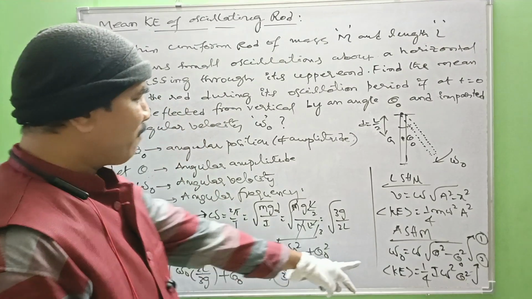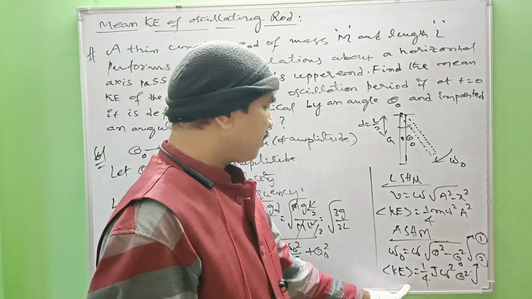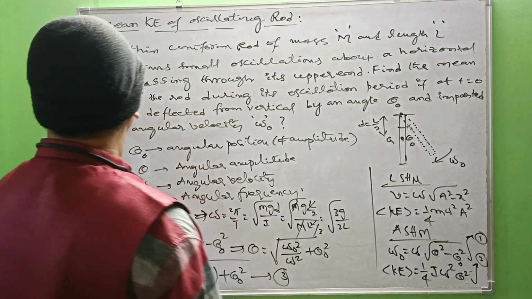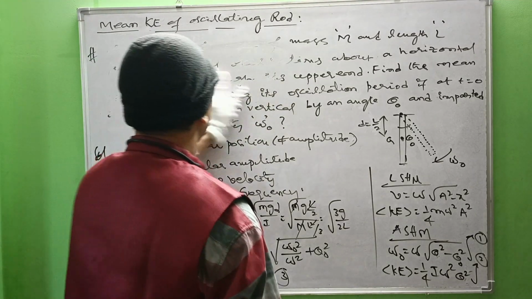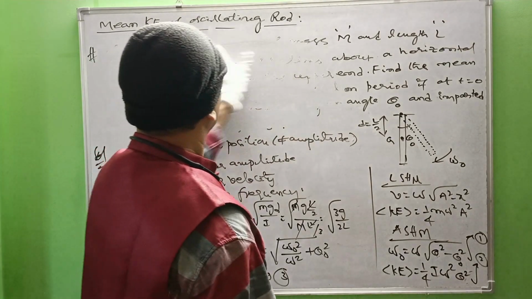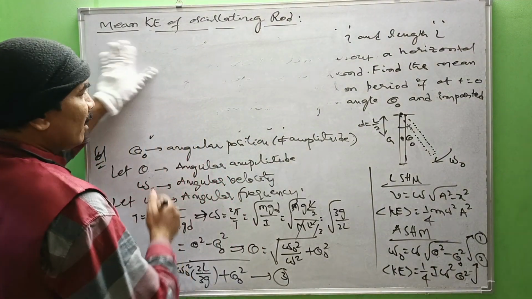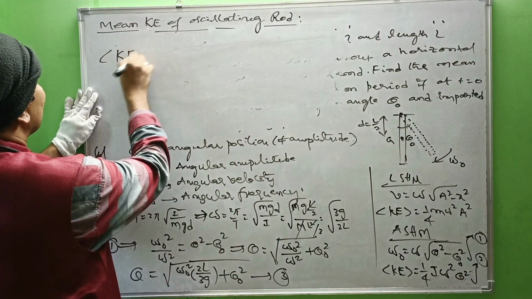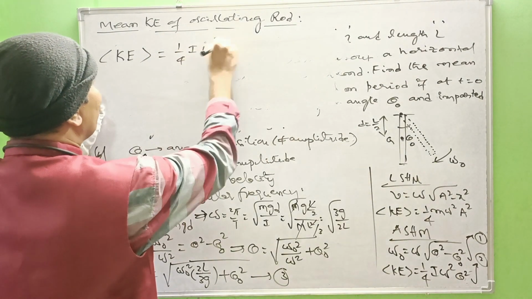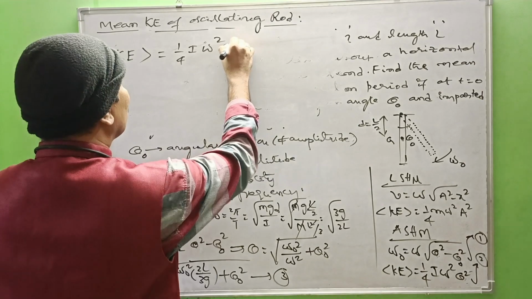Now two implies we need to find kinetic energy, that is 1 by 4th I omega square into theta square. Average kinetic energy in case of angular SHM is given by 1 by 4th I omega square into theta square.